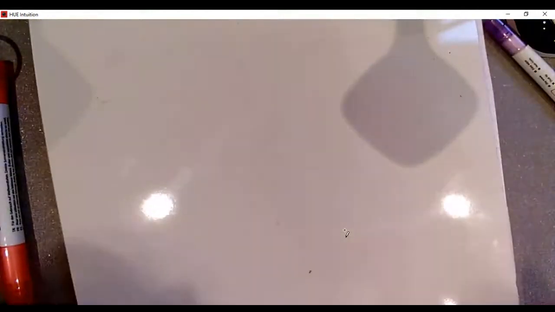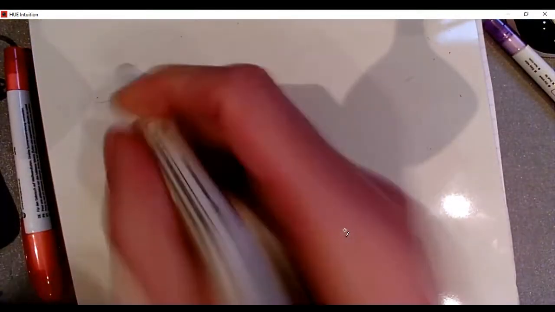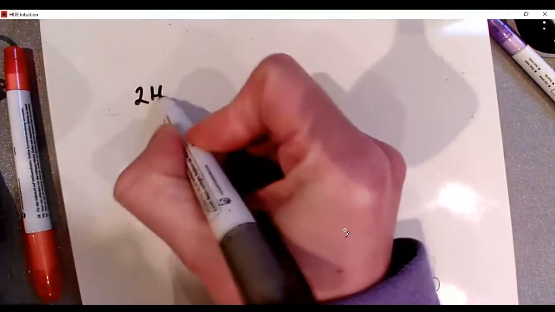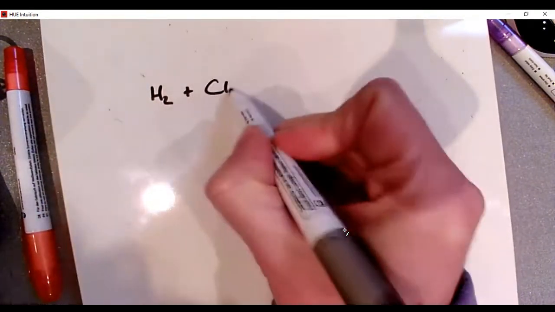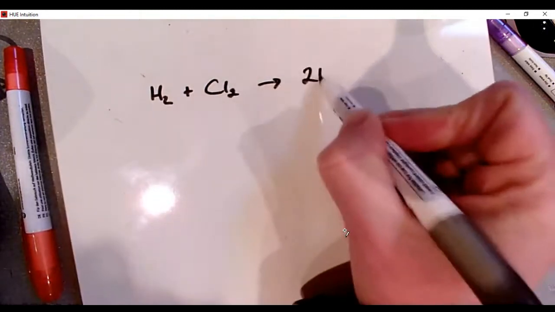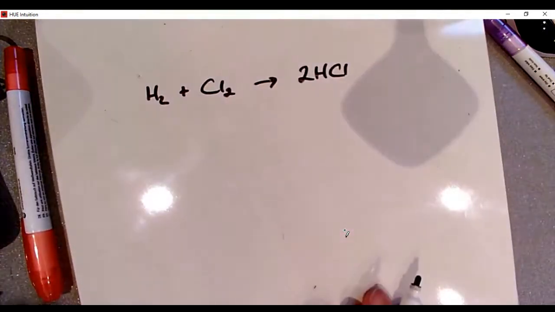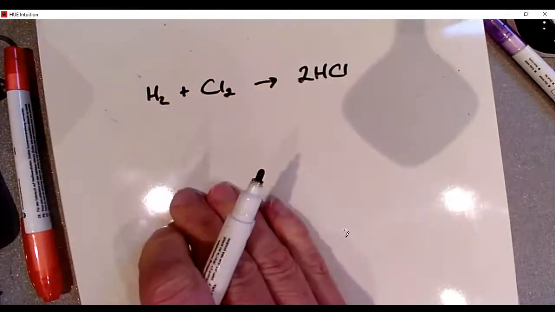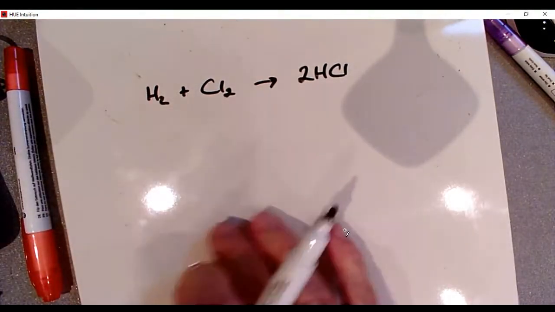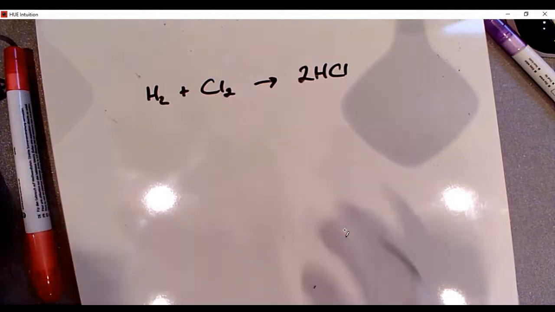Okay, so let's have a look at that reaction they had. It was hydrogen and chlorine giving hydrogen chloride, right? So what you had was H2 plus Cl2 arrow 2HCl. Okay, so everything balanced that way. Now, this is a straightforward one because it's not obvious that both oxidation and reduction are occurring, although they are.